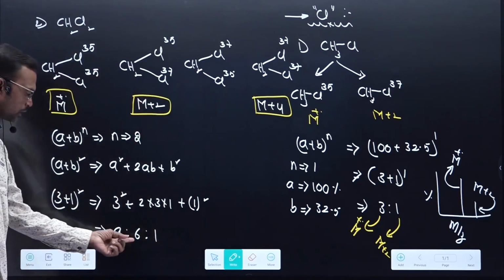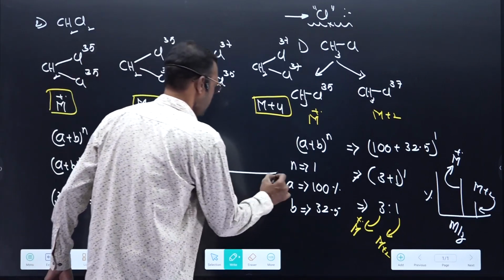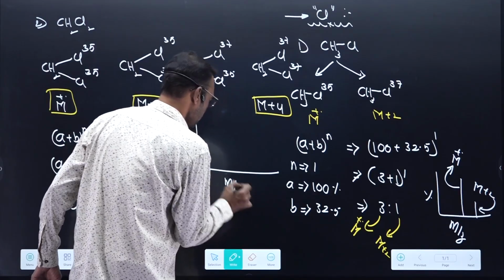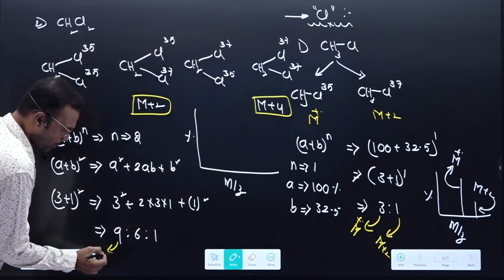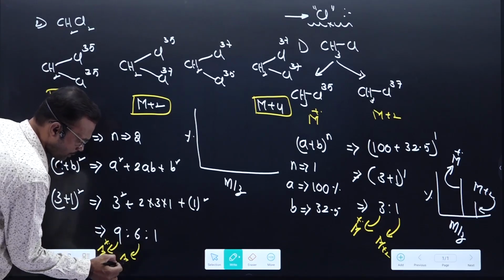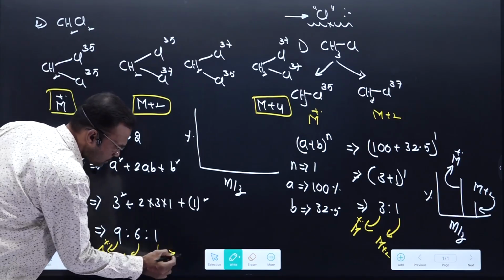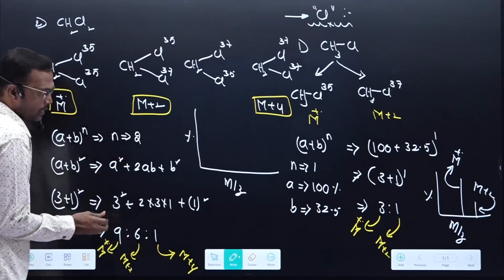This is the molecular ion, M plus 2, M plus 4, so I can write like this. This is M by Z and this is percentage of intensity. This is the molecular ion, this is M plus 2, and what about this? M plus 4. Here 9 is 100%.